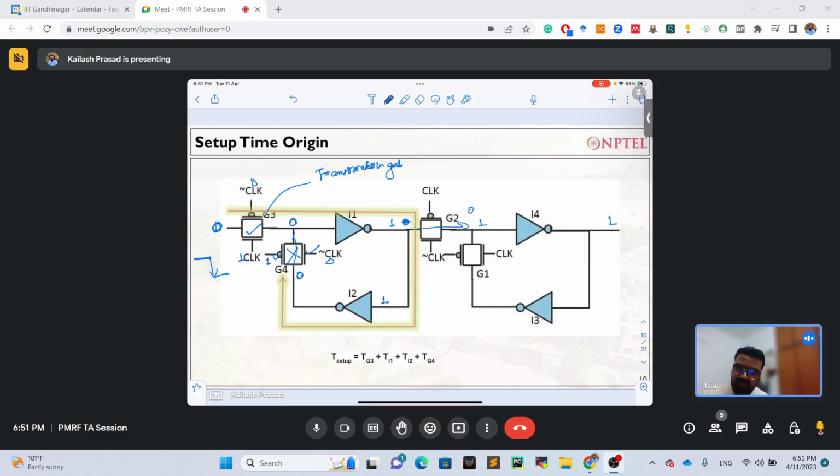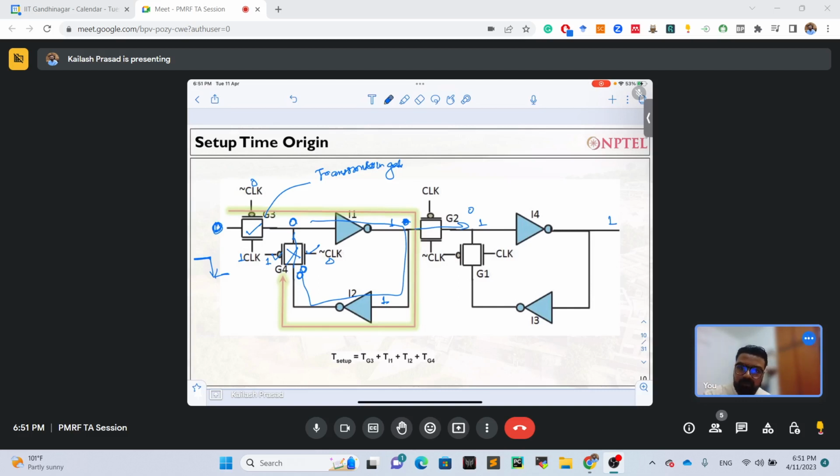Now the question is, for data to be latched properly, the data, whatever zero was here, should be available over here as the negative edge comes. If data is not available at the negative edge over here, then there is a problem.